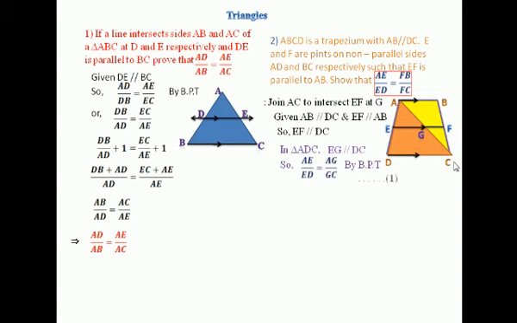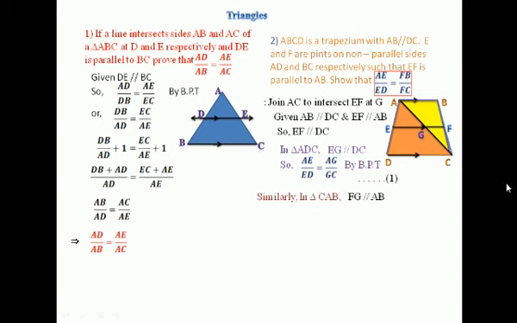Let us call that ratio 1. Similarly, in triangle CAB, FG is parallel to AB.